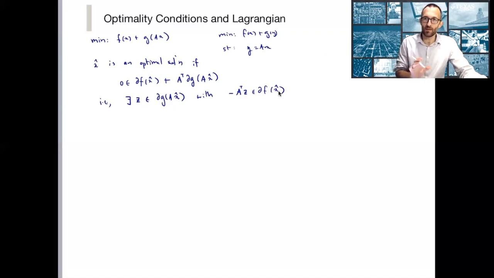And of course I wrote down z because we're now thinking of elements in the subdifferential as dual variables. So again, thinking back to the relationship between the subdifferential of a function and the subdifferential of its Fenchel transform, we know that elements of the subdifferential are really going to be our dual variables. And this is used a lot in convex optimization. In particular, it's elements of the dual that are a proof of optimality of a particular point in the primal.